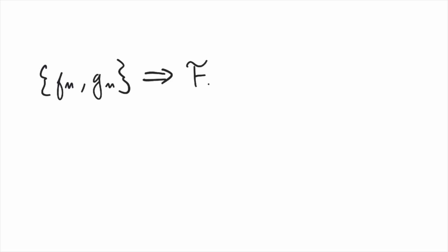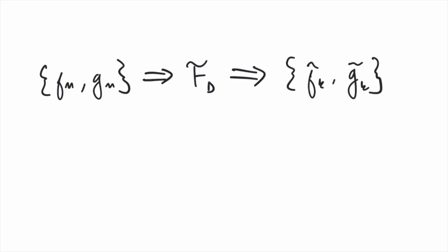So the idea is you start with two sequences f_n, g_n, you then apply the operator for the discrete Fourier transform, then you obtain f tilde k, g tilde k, you then take their product, f tilde k times g tilde k.